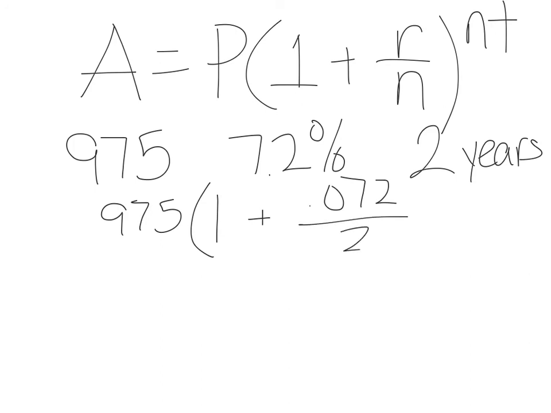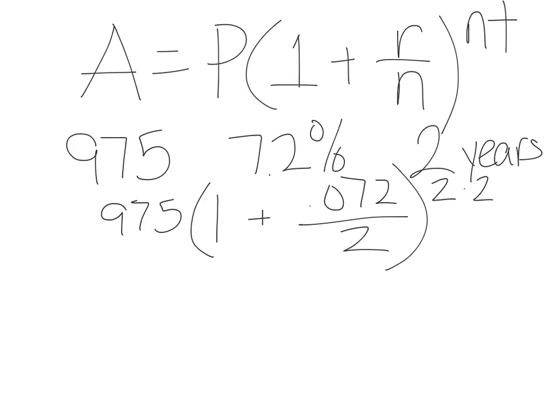And then you have to divide that by 2, because it's 2 times a year it's compounded. And then out here we have the 2 times it's compounded times the 2 years. So this is the number of times per year it's compounded, and this is the number of years.